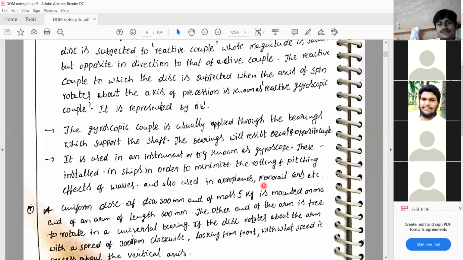From the toys point of view, I will give you a brief note. For example, stunt cars, and nearly transformers. Did you observe the Transformers movie? A car sometimes seems to be a car, and suddenly it is converted into a robot and performs more functions. That happens with the help of gyroscopic couple; it is based on the gyroscopic couple principle.